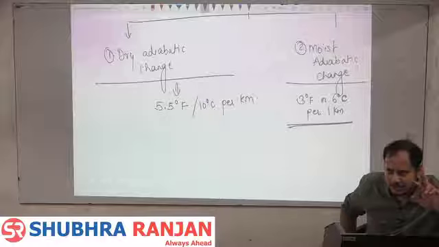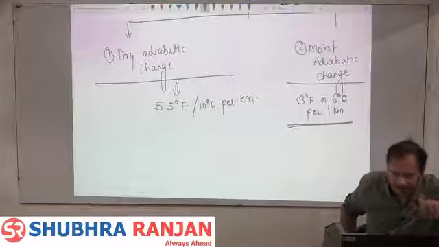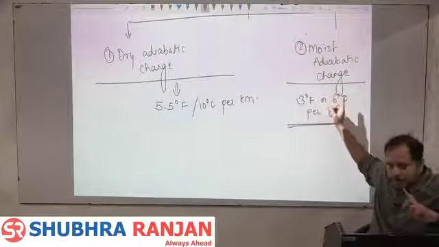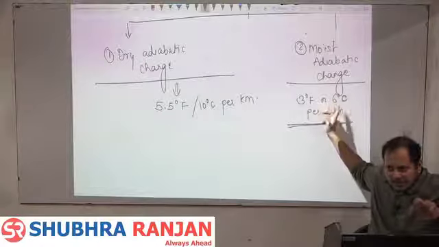Environment is 6.5. This varies between 5.5 to 6. For our calculations, I have taken 6 easily.